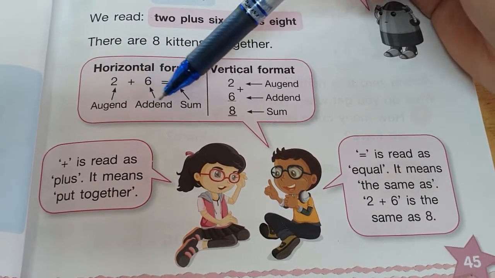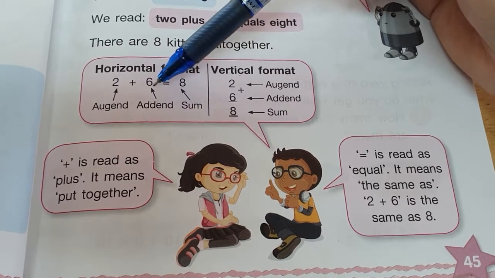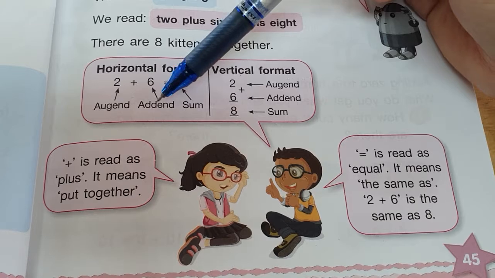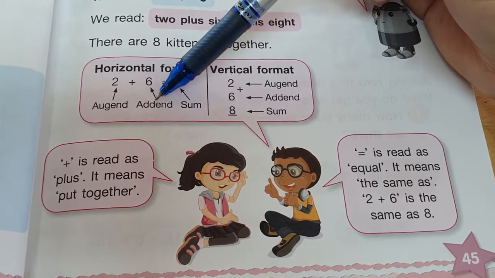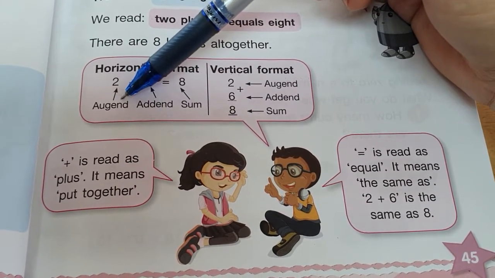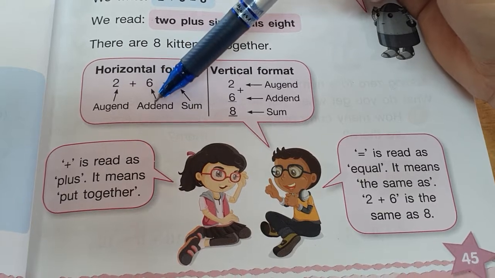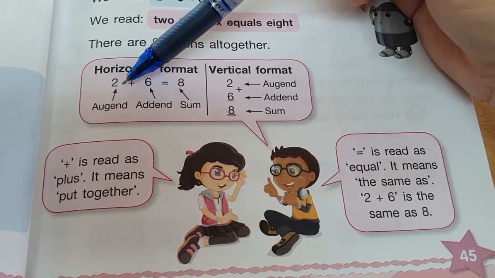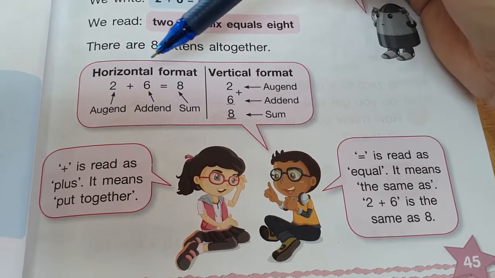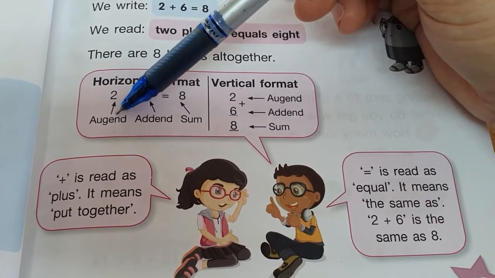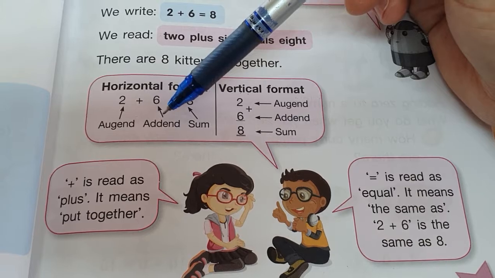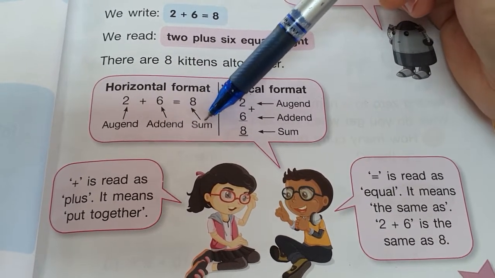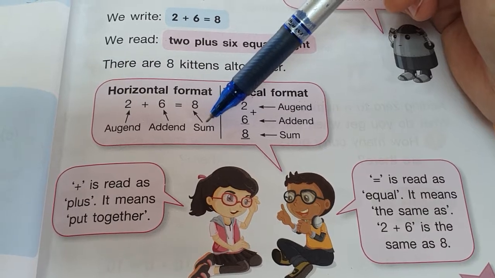And then addend is the number that you add to the augend. You add the addend number to the number that you started with. And then the augend and the addend put together equals the sum. It is called the sum. Okay?